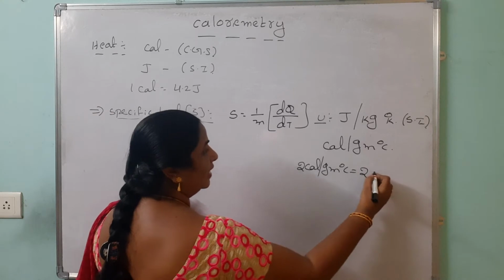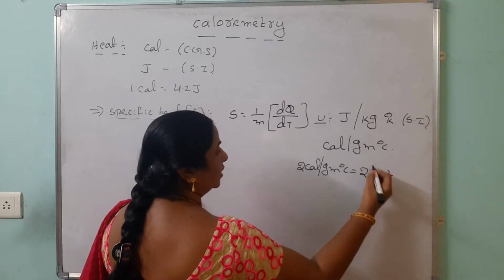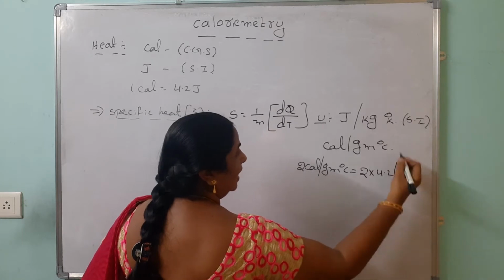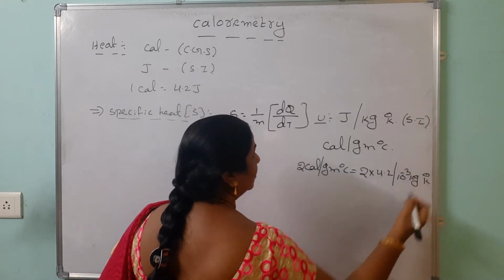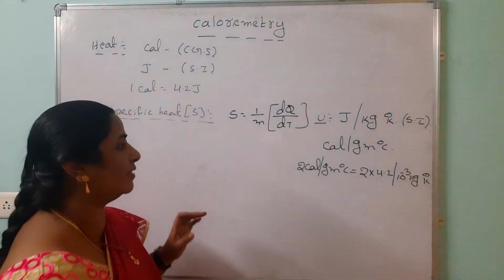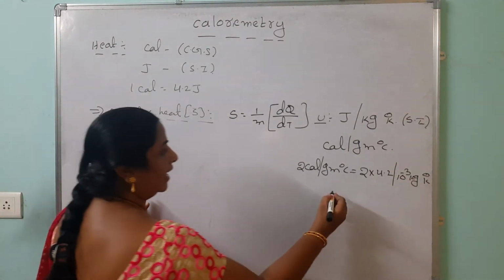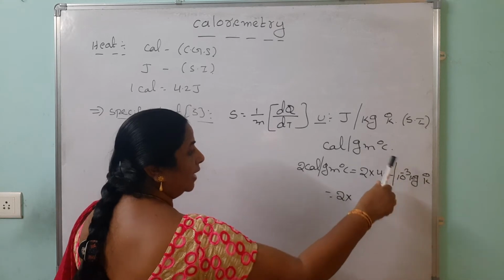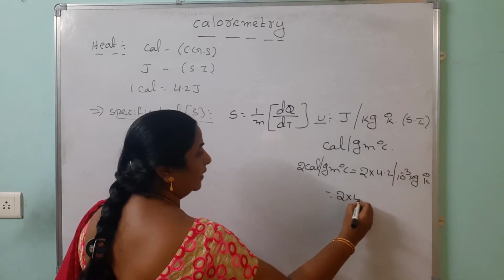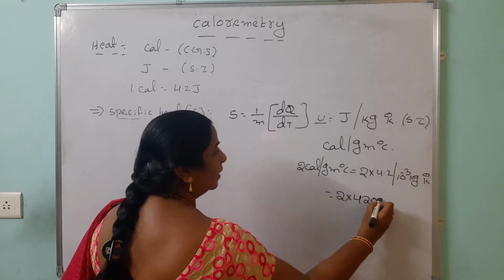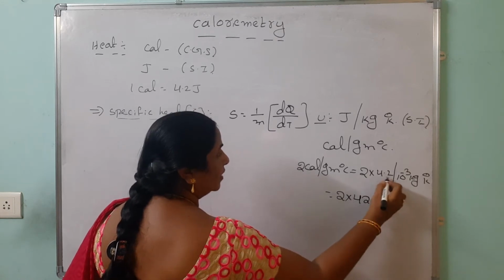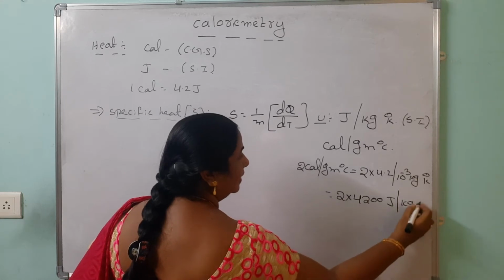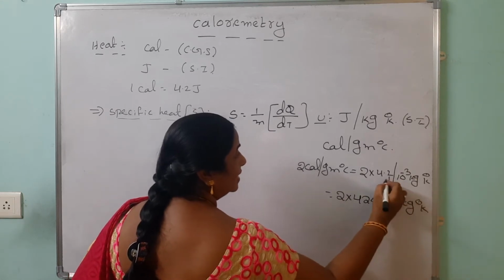Instead of calories we take 4.2 joule, and gram is 10 to the power of minus 3 kg. Degree centigrade and degree Kelvin scale differences are the same, so we can take it as degree Kelvin. Finally it is 2 into 4.2, and when 10 power minus 3 comes up, we can write it as 4200 joule per kg per degree Kelvin. So this is the unit.